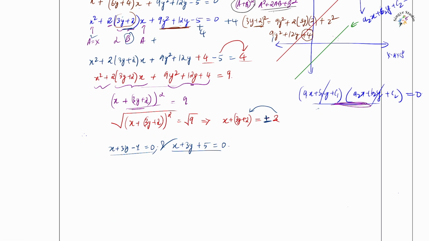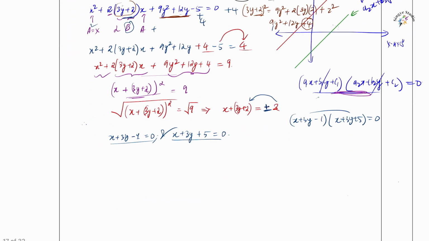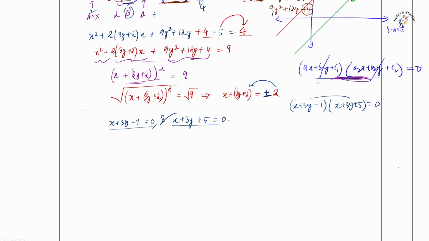So if you multiply like this, (x plus 3y minus 1) times (x plus 3y plus 5) equals to 0, then this will become exactly this one. So this is the single equation of the parallel lines. And how do you know it's parallel? You have to see this term.